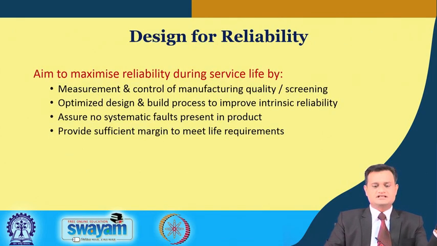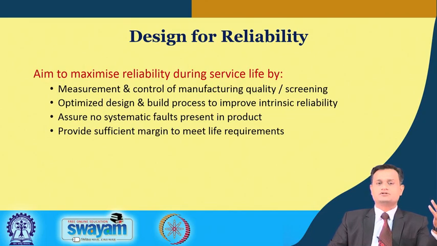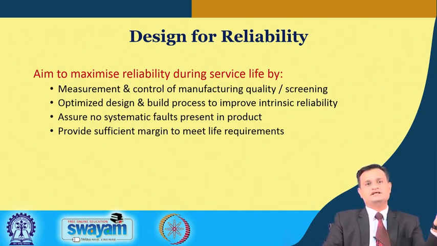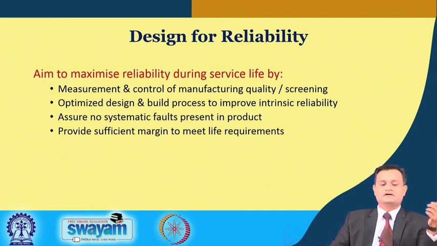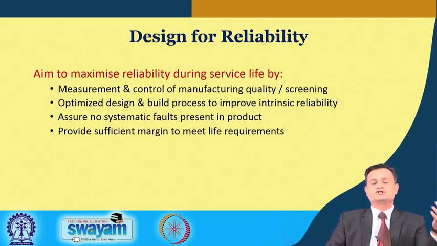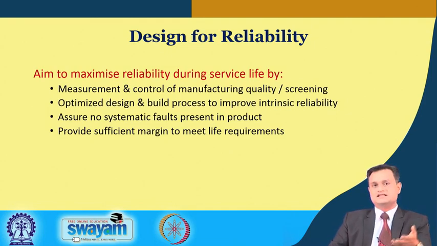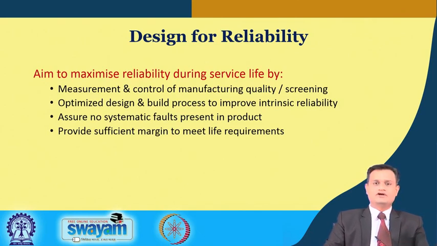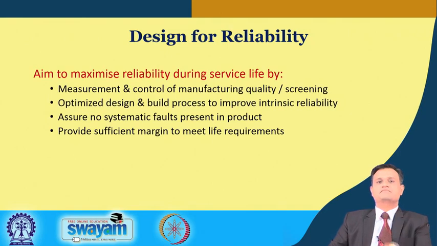So these are a couple of reasons, and when we talk about design for reliability, the aim is to maximize the reliability during the service life by measurement and control of manufacturing quality, screening, and optimizing the design and build process to improve intrinsic reliability, and assuring no systematic faults are present in the product. You can do failure mode effect analysis and provide sufficient margin to meet the life requirements.